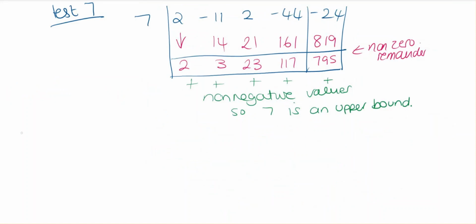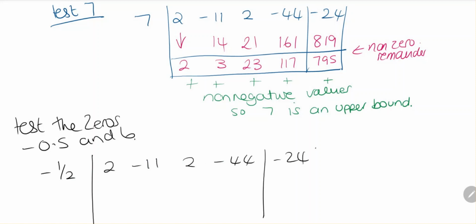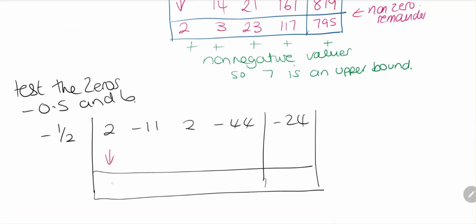Now we need to test the zeros. Now we believe the zeros are at minus 0.5 and 6. So we need to test those. So first of all, minus 0.5 or minus a half, and we're going to use the values 2, minus 11, 2, minus 44, and minus 24. So dividing, 2 times minus a half is going to be minus 1.